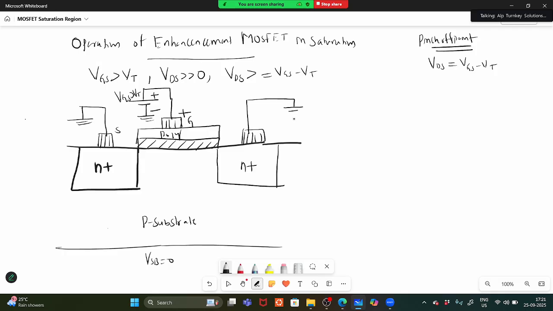VDS is greater than 0. So first, for channel formation, VGS is greater than VT, and we keep it constant. Next we increase VDS more and more, such that VDS is greater than or equal to VGS minus VT.